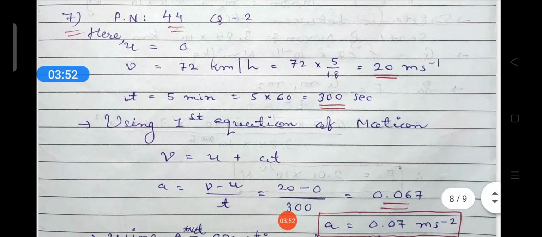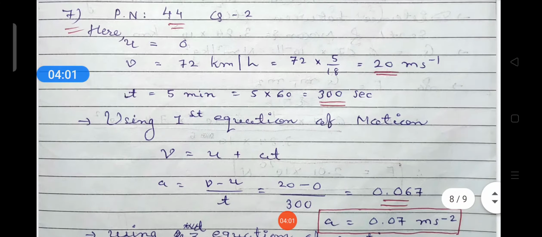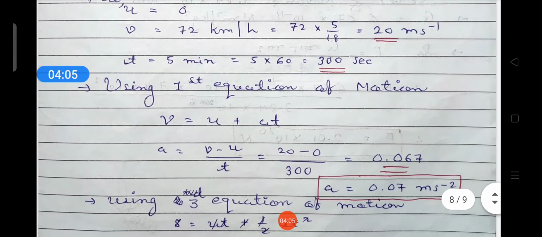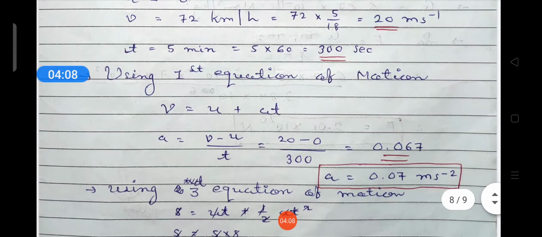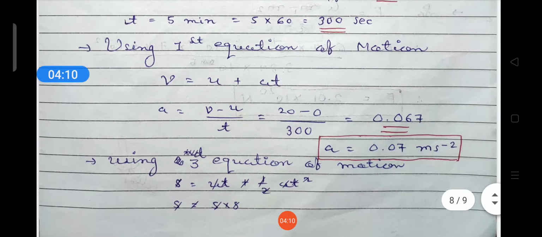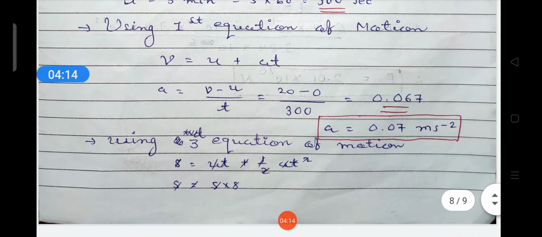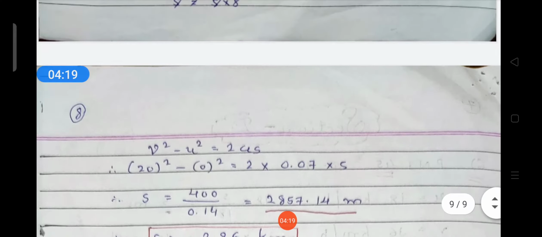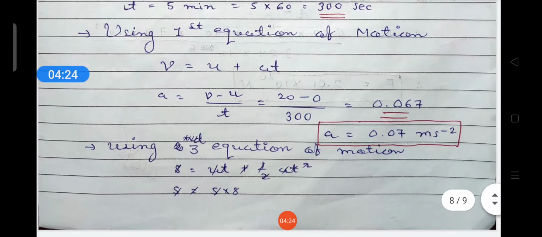Question number 7, page number 44. A train starting from rest attains a velocity of 72 km per hour in 5 minutes. Assuming that the acceleration is uniform, find the acceleration and the distance traveled by the train for attaining this velocity. Here we have to find first of all the acceleration, and after that the distance traveled.